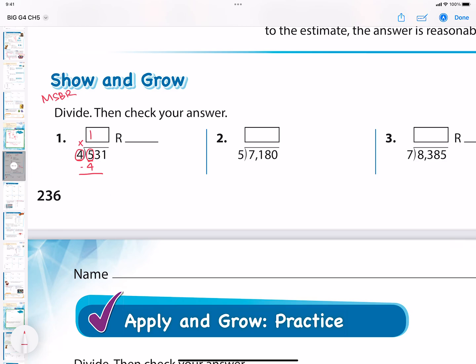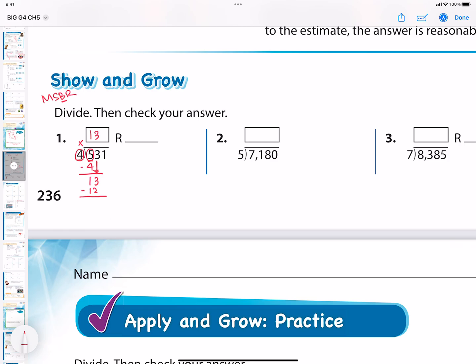So after multiplication, you subtract, right? Which is what? 1. And the next step is what? Bring the number next to it down. Which is 13. All right, so please remember to draw this arrow so you don't forget that you worked on that digit. And 4 times 1 is closer to 13 but not greater. Yes, we know 4 times 3 is 12. I'm going to do the process again.